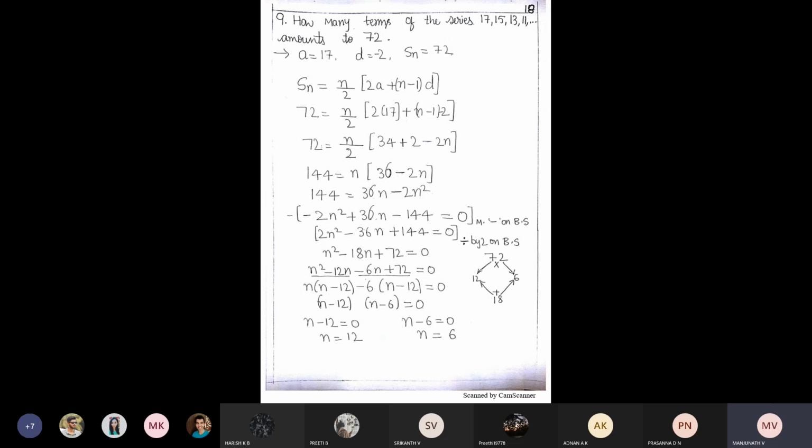Can you remember this formula, anyone? Even otherwise, you can simplify with a simple procedure. Are you following it or not?